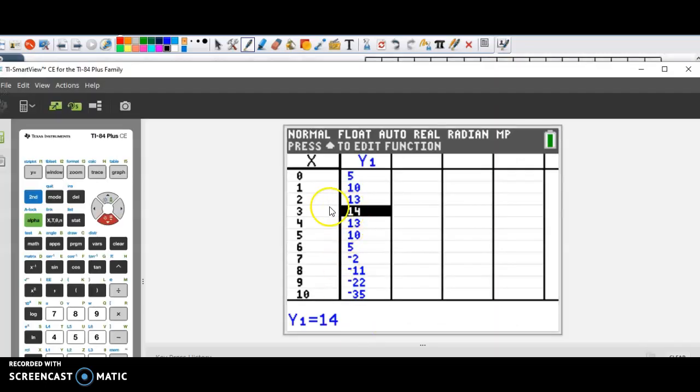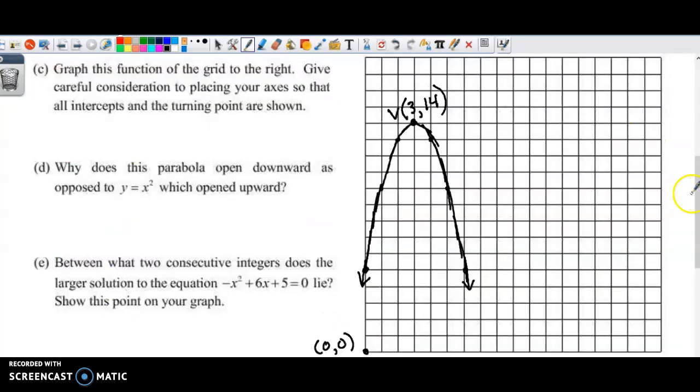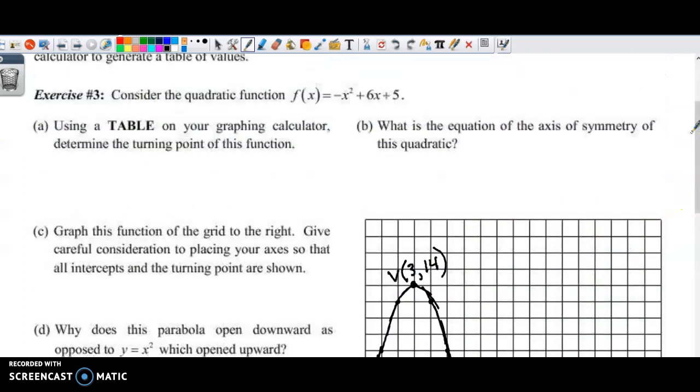Let's look at my table again. (3, 14), good. And that's where my y value changed, because remember in exercise 2 it changed from decreasing to increasing. This time it changed from increasing to decreasing.